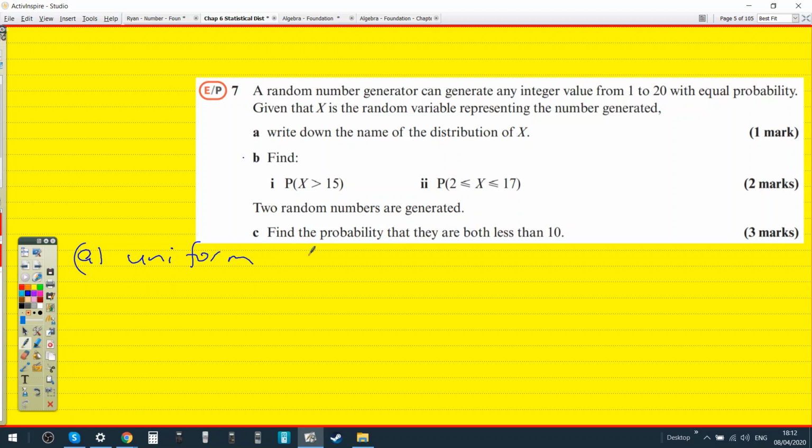B. So that's for 16, 17, 18 and 19. So would it be 1/20 plus 1/20 plus 1/20 plus 1/20.